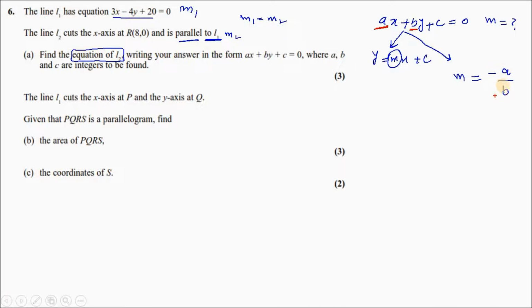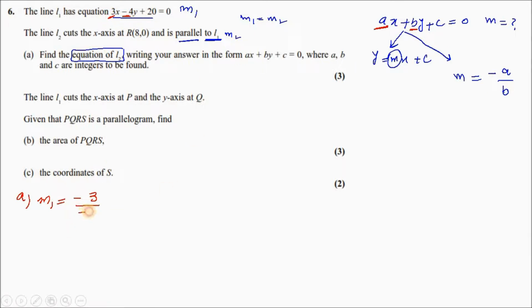If you use this approach, for part A, m1 would be equal to minus a by b, and a is 3 and b is minus 4. You see, this is your a and this is your b.